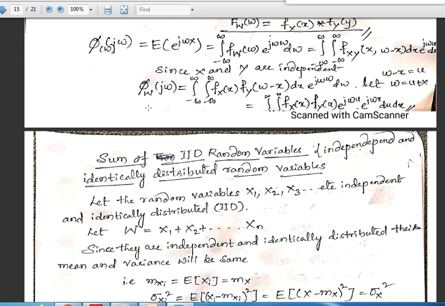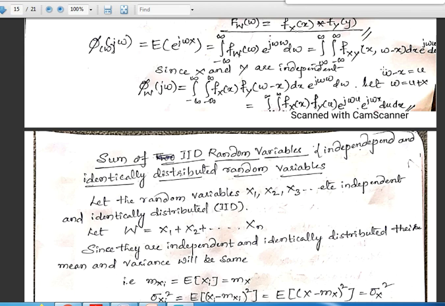Since x and y are independent, phi of w is equal to the integration from minus infinity to plus infinity of fx of x and fy of w minus x dx, e to the power of j omega w dw.